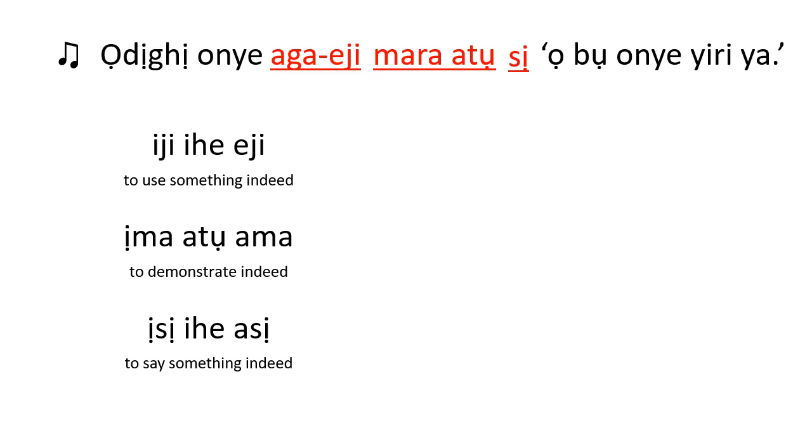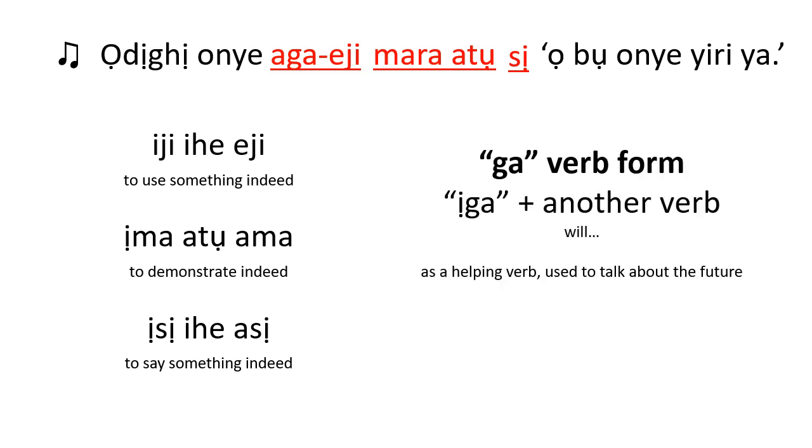Iji ihe is to use something. Ịma atụ is to give an example or to demonstrate. Ise ihe is to say something. Obviously, in the sentence, they've been changed. There is one more verb that's not in this table. Aga in ageji comes from the verb ega.